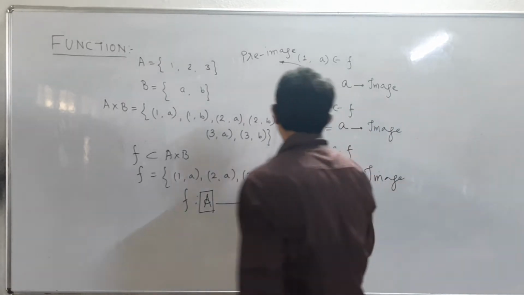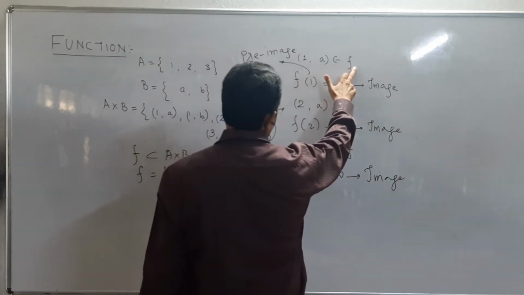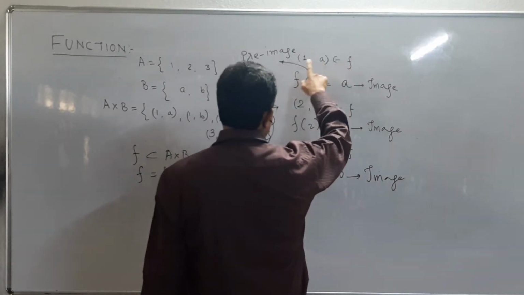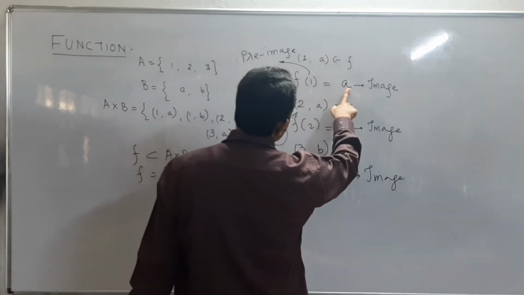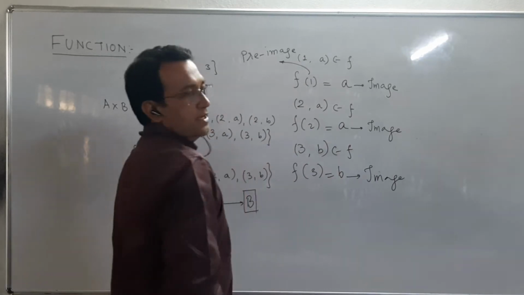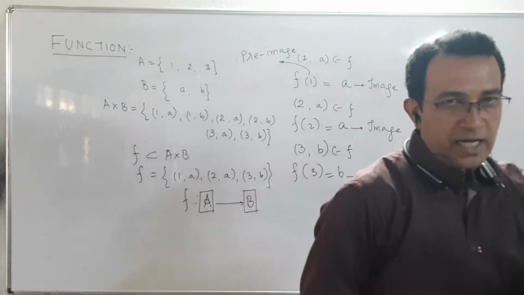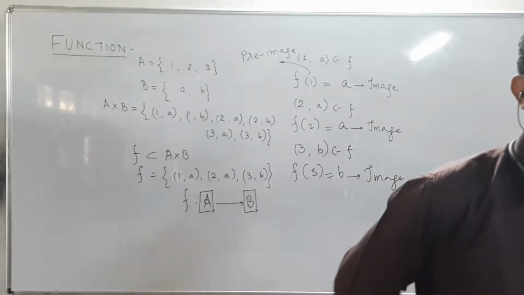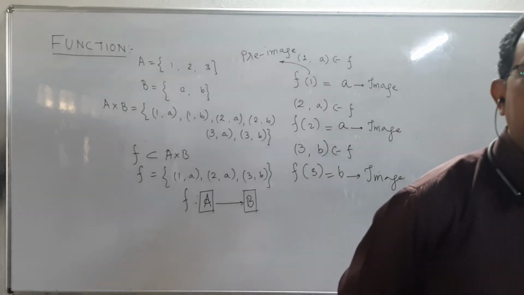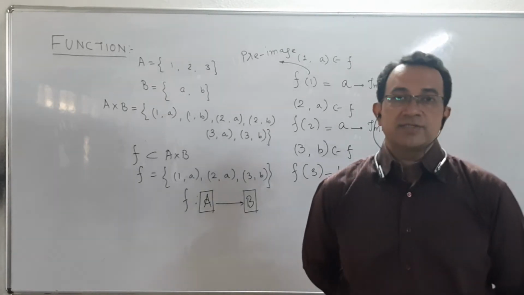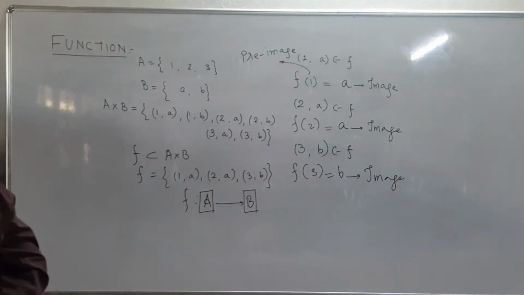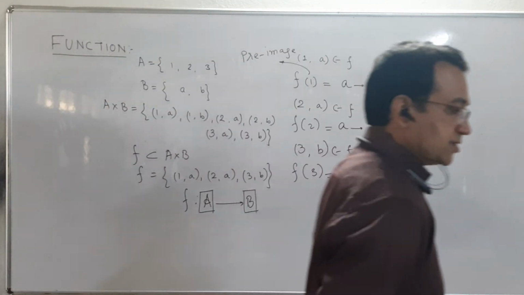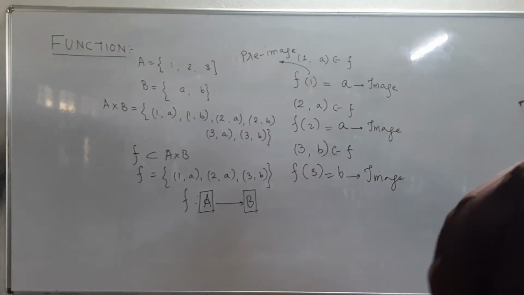So when I say ordered pair (1,a) belongs to f, a is the image of 1 under the function f and 1 is the pre-image of a under the function f. So the value written on the left hand side becomes pre-image and the value written on the right hand side becomes image. So every function is a relation, but every relation is not a function.